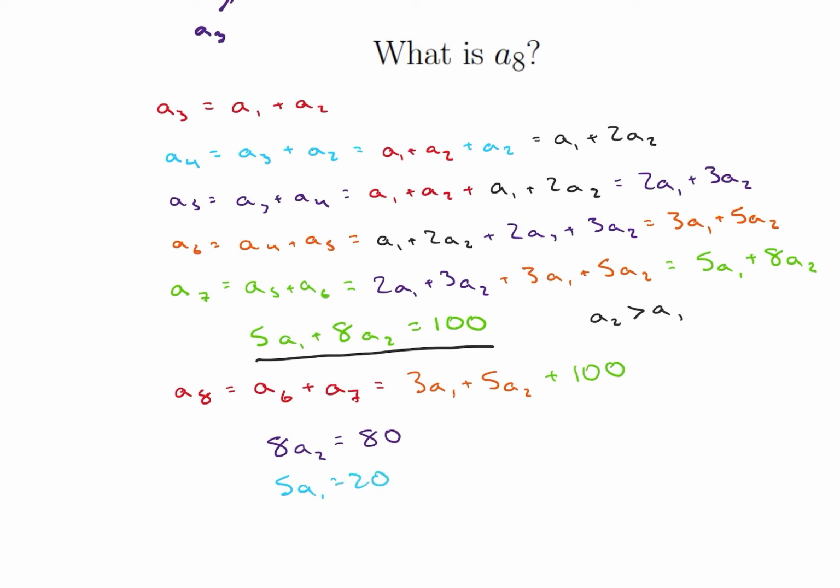So I really just need to find subsets of 100 that those add up. So I can see that that'll work if A1 is equal to 4 and A2 is equal to 10.